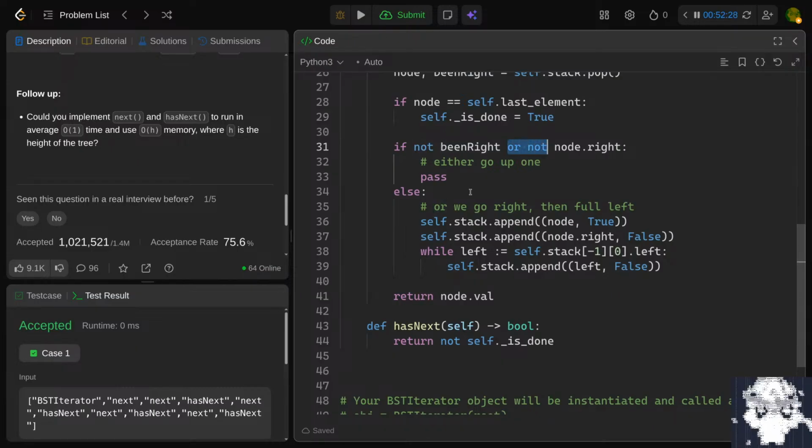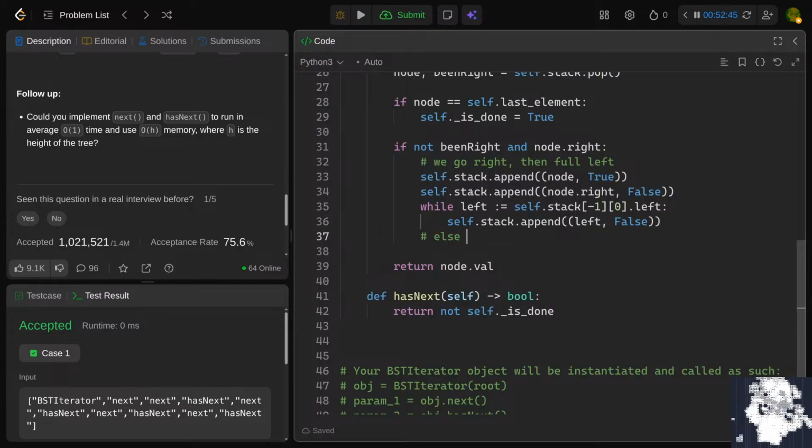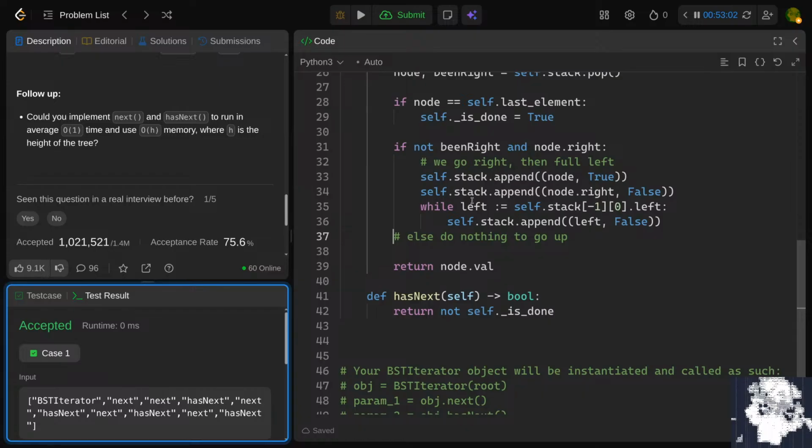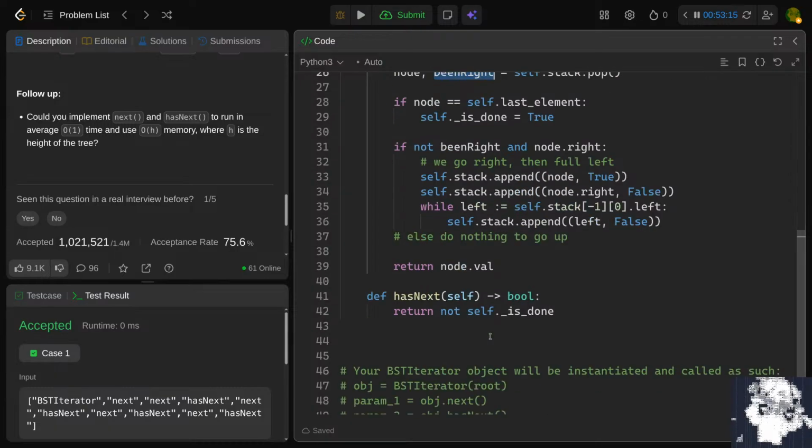So if not then right and node.right, then you do this stuff. Okay, cool.